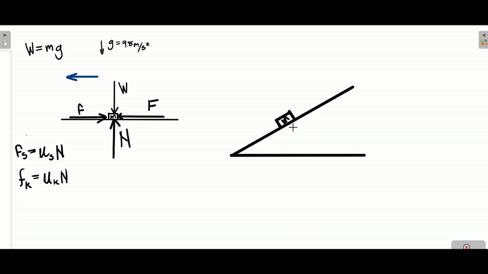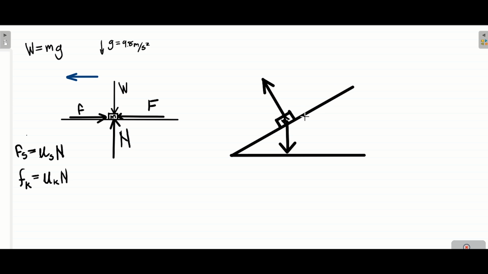So what forces do we have acting on it? Well, let's start off with weight. Weight is always pushing the object that has mass downwards. There's a normal force that is perpendicular to the surface, pulling it upwards, in this case slightly to the left because of the slant.